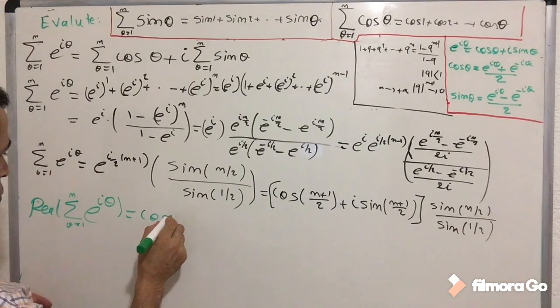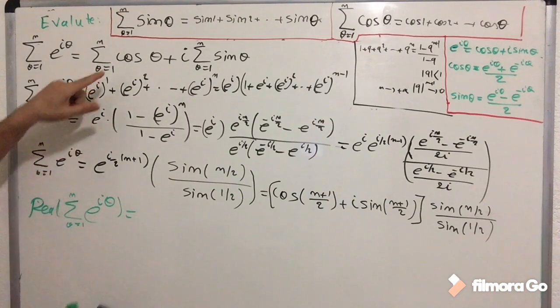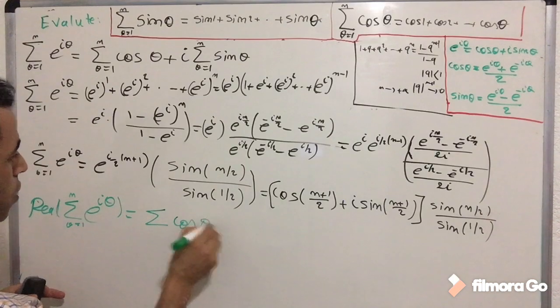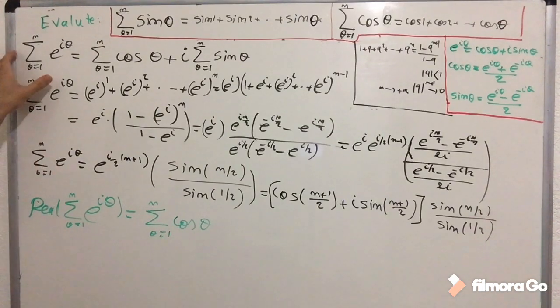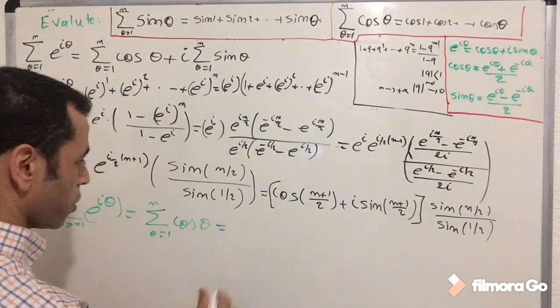So this one equals cosine. The real part of this one is the sum of cosine theta, theta from 1 to n, and this is the imaginary part. This is the real part. The real part of this one is this one. The imaginary part of this one is this one. So let's take this one, put it here. That's it.